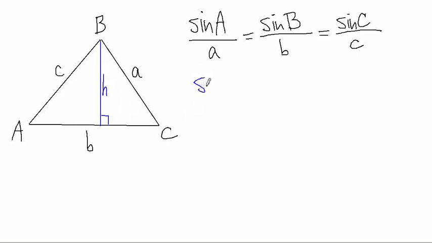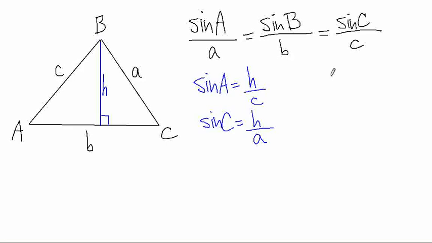So the sine of angle A, for the right triangle that includes angle A, is equal to the length of the opposite side divided by the length of the hypotenuse, which has a length c. And the sine of angle C is equal to the length of the opposite side of the right triangle containing angle C. And that's equal to h over the hypotenuse, which has a length a.